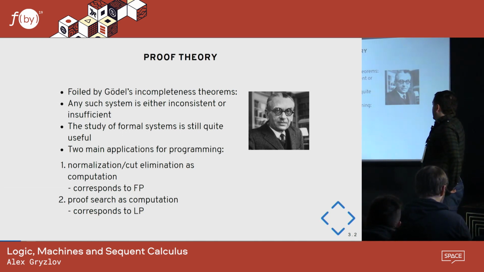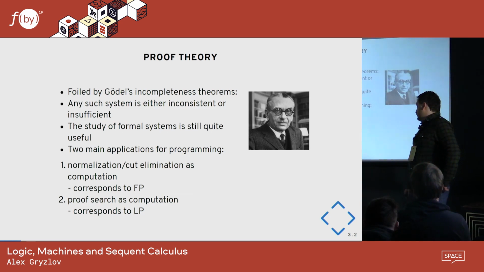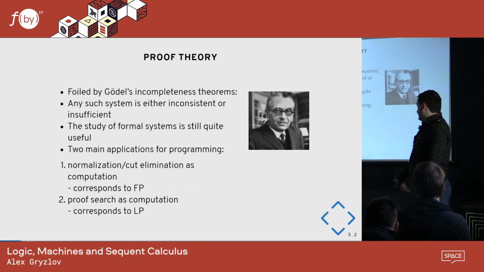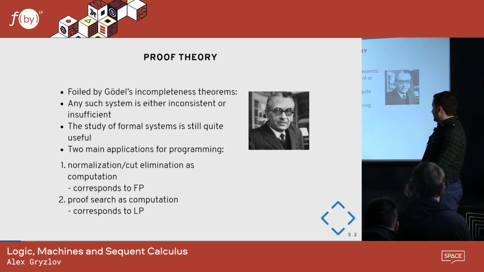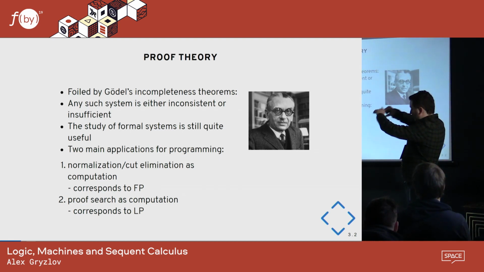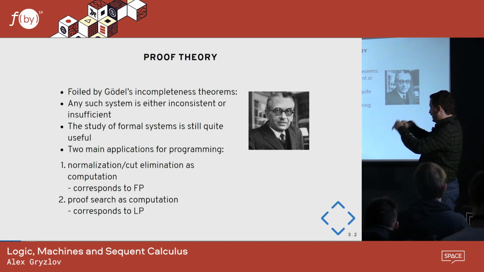So, well, we're at a programming conference. Why is it interesting for programming? There are basically 2 main applications to programming. One is the so-called paradigm of normalization as computation, or cut elimination as computation. This corresponds to functional programming, and it means that you have your program as a proof, and you try to simplify it until you arrive at some kind of answer.